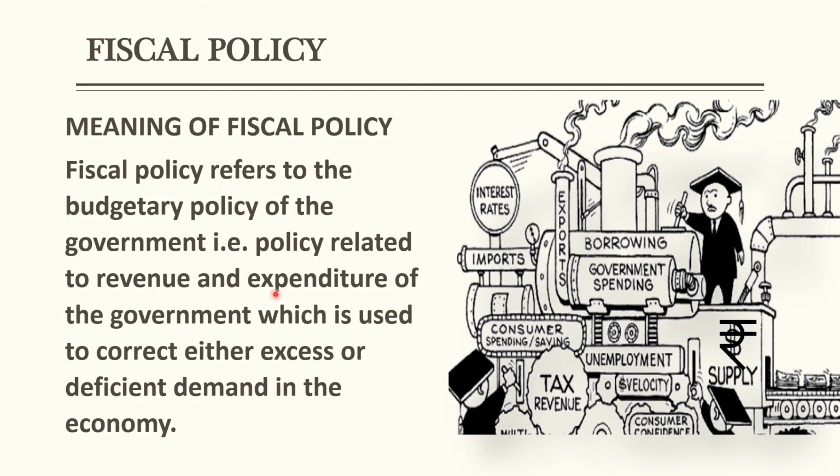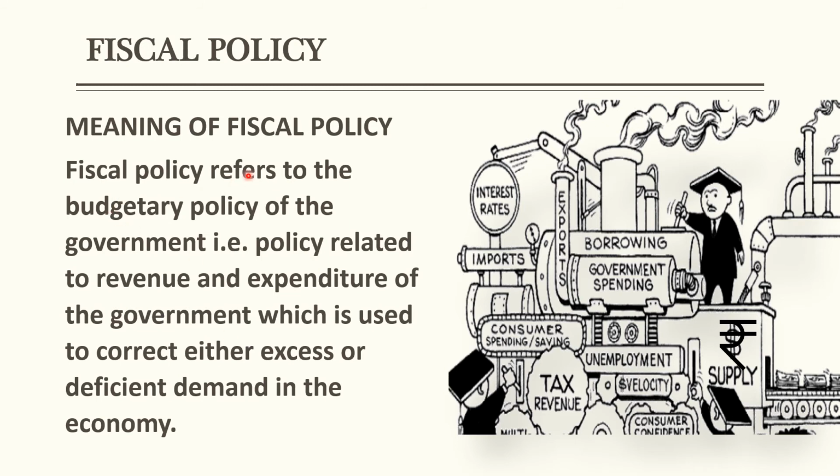Well, this policy relating to revenue and expenditure of the government is used to correct either excess or deficient demand that we just studied in the economy. Let us define it again.